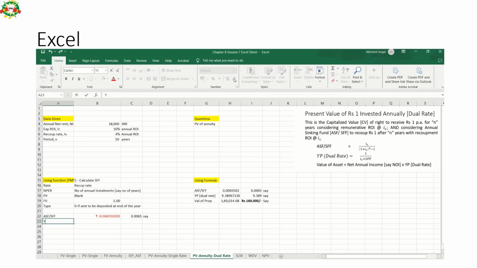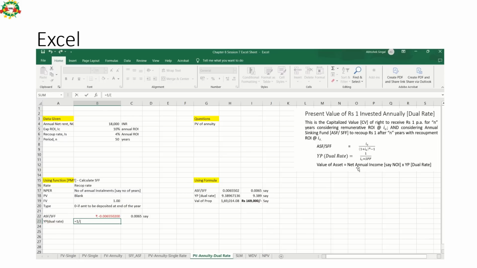So now year purchase, dual rate: 1 divided by, we'll use this formula. There is no function for this; it's a simple formula.